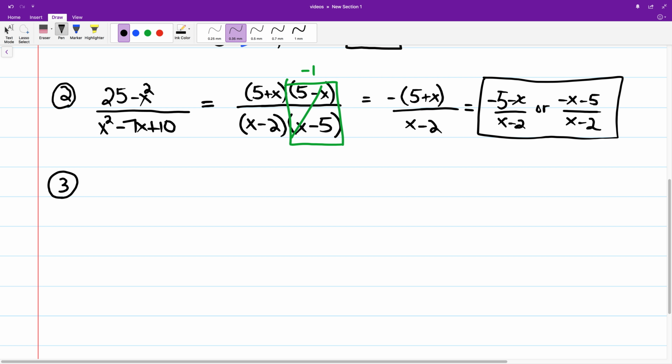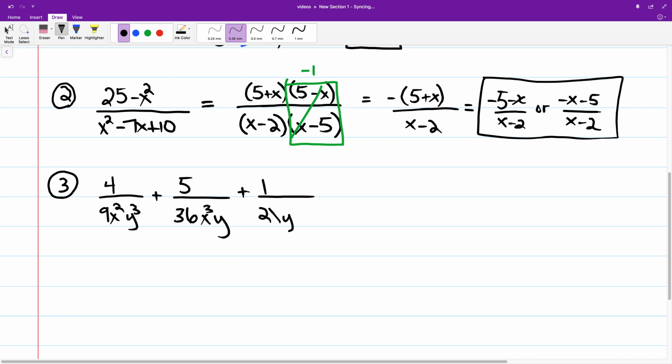Let's say that if we have 4 over 9x squared y to the third, and I have plus 5 over 36 x to the third y, and I have plus 1 over 27 y squared.